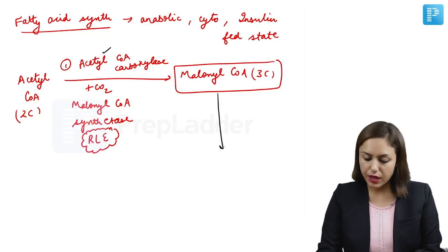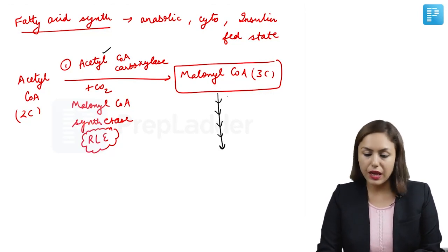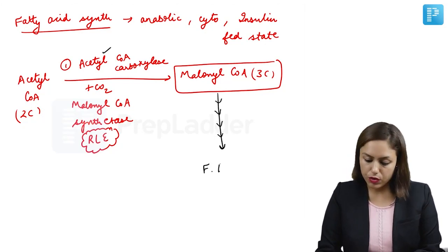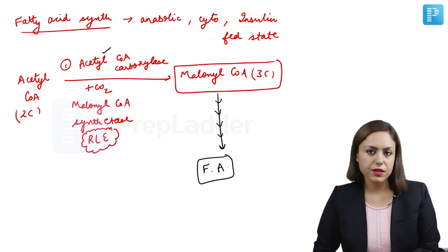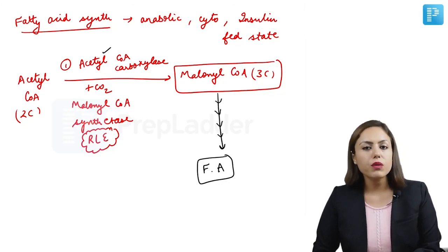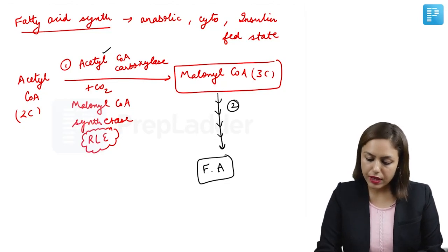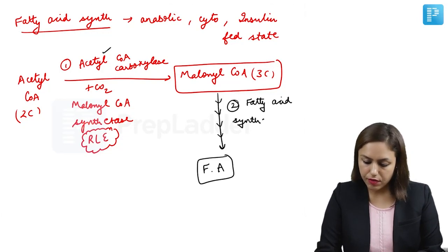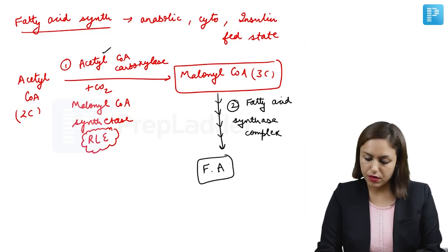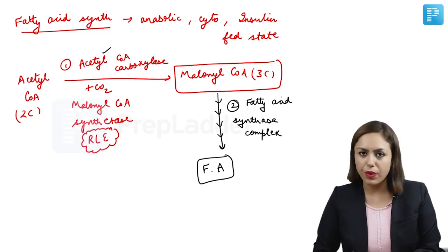Now the second enzyme will mainly use malonyl-CoA to synthesize fatty acid. Okay. It will also use one molecule of acetyl-CoA, but more molecules of malonyl-CoA will be used by this second enzyme, and the name of this enzyme is fatty acid synthase complex.